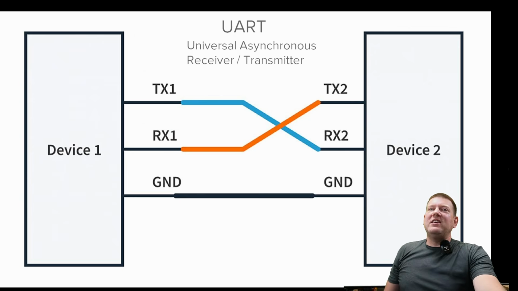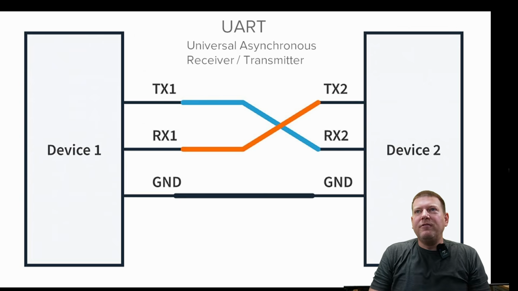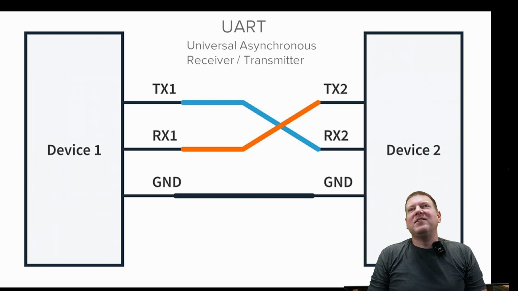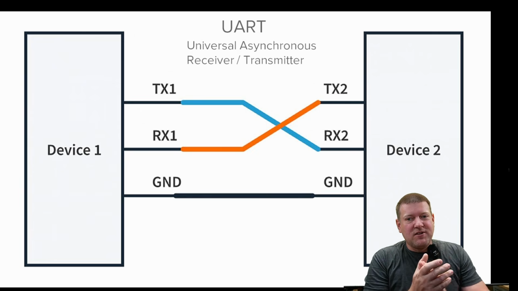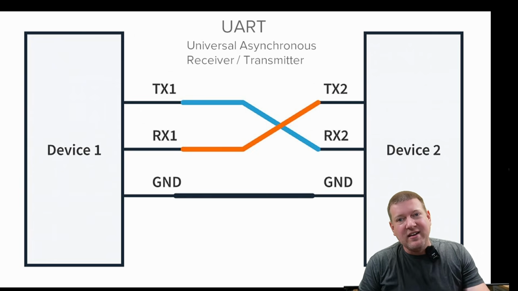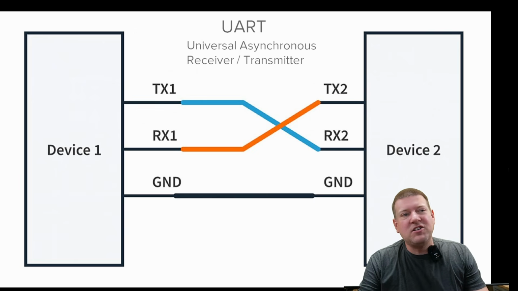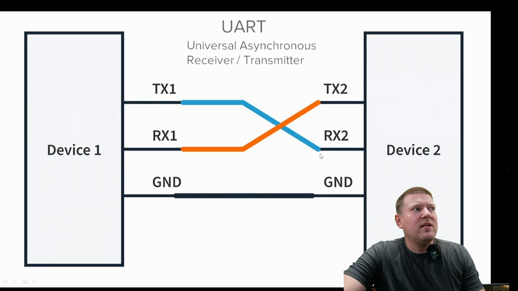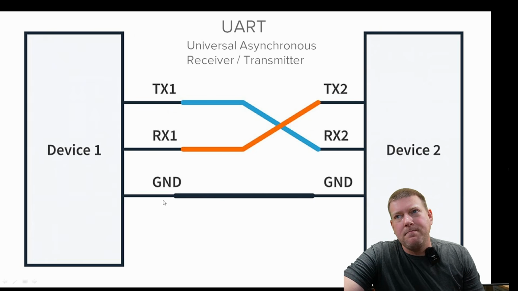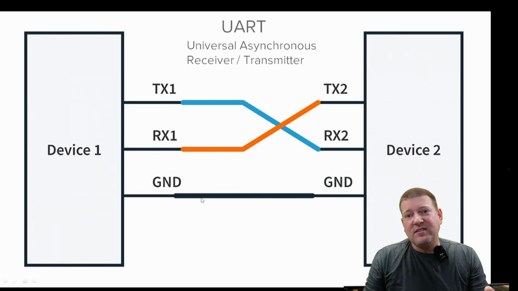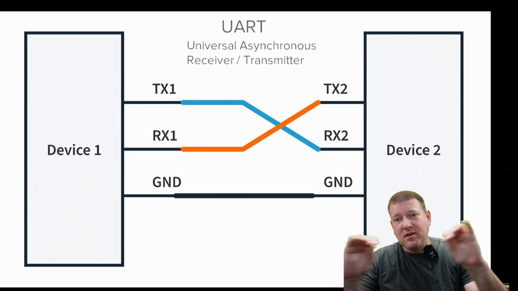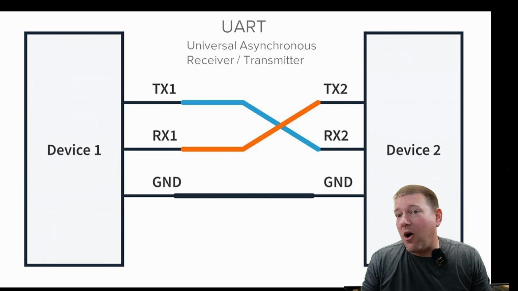Let's talk about that UART. All right? So universal asynchronous receiver transmitter. And it's kind of simple, to be honest. Now, there's going to be a growing trend on all these communications, and that is this line right down here. You see that? Ground. On almost every single one of these devices, these communication protocols have to have a common ground.